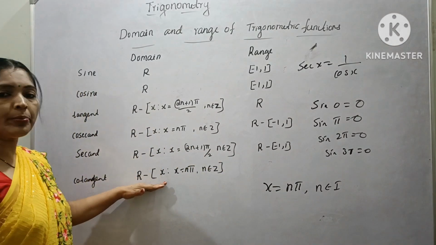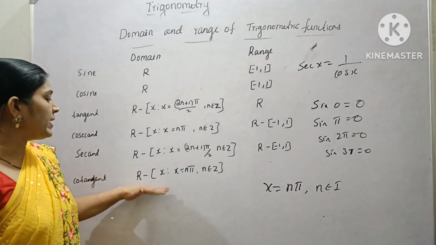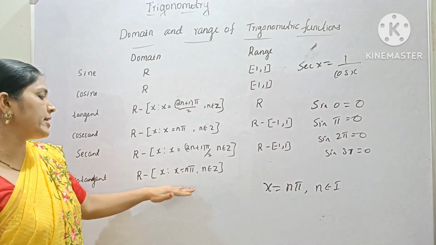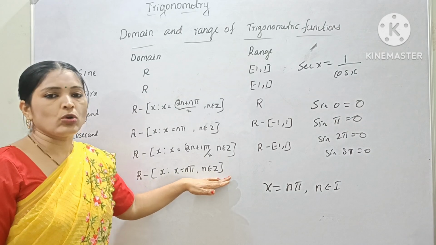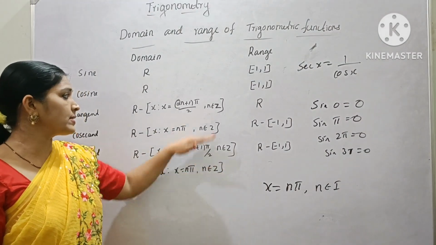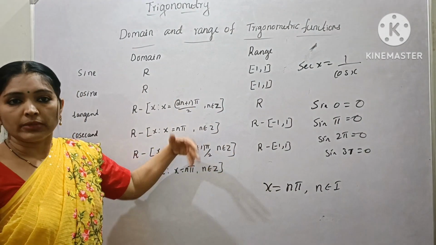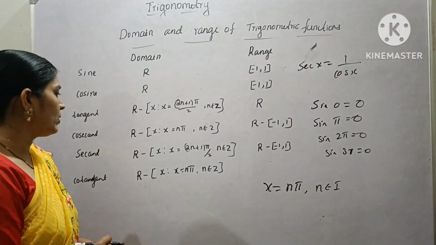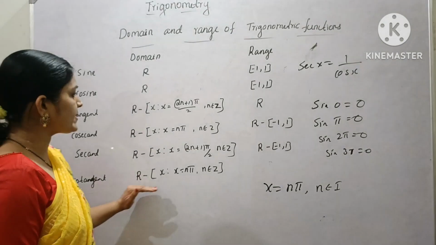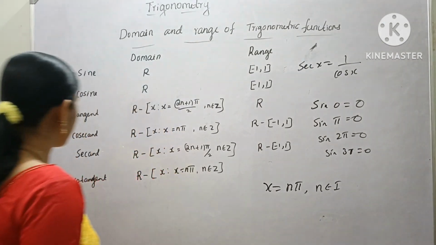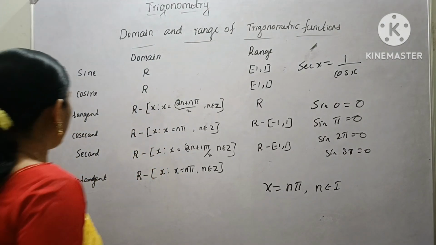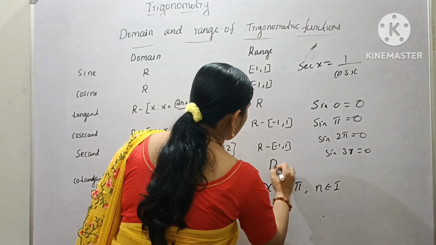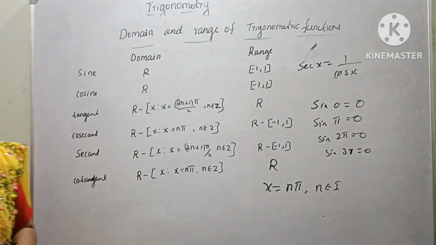That is R, the set of real numbers, minus the set of x such that x is equal to n pi, n belongs to Z, where Z is the set of integers. Its range is R, the set of real numbers.